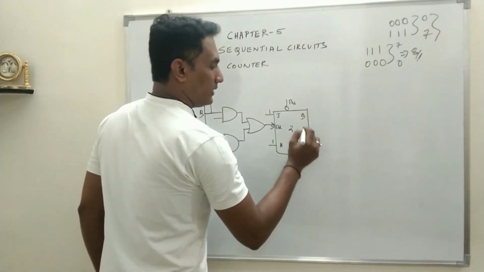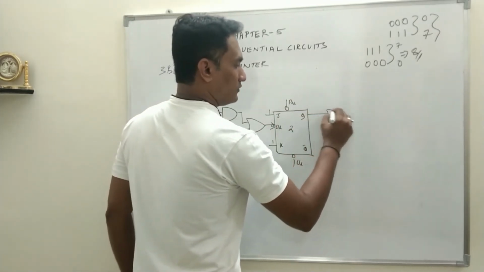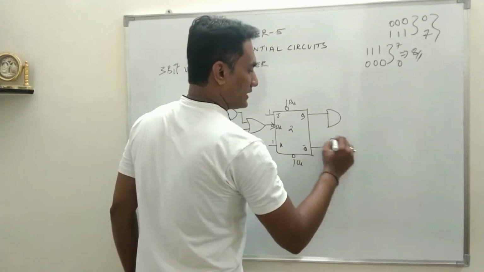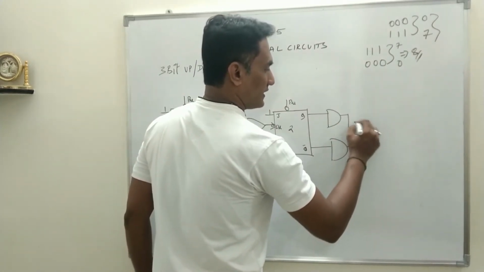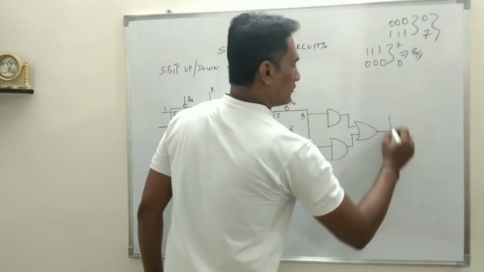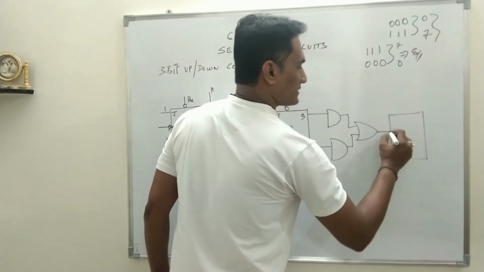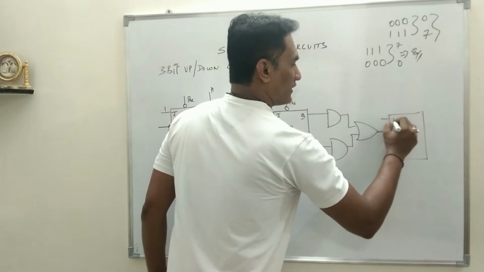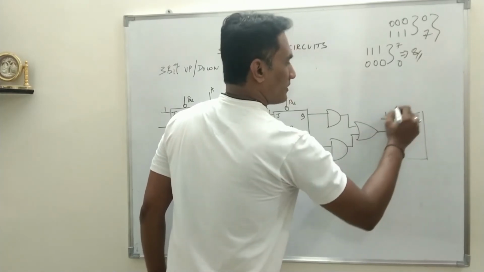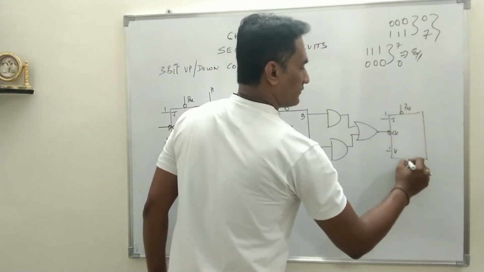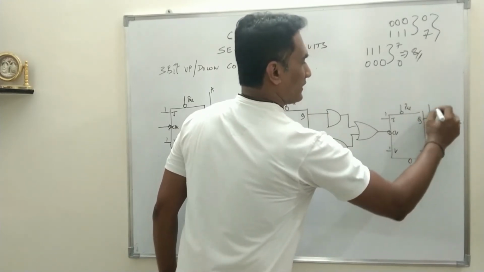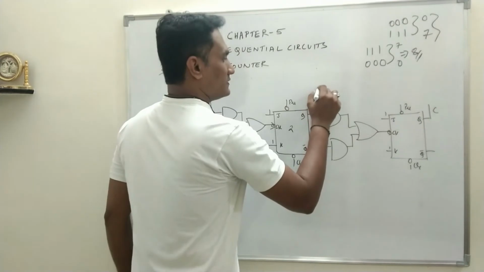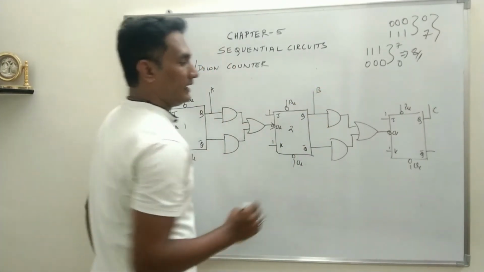Again the outputs Q and Q bar will be connected to AND gates. The output of these AND gates is connected to an OR gate. The output of the OR gate acts as clock input for the third flip-flop, which has preset and clear terminals, Q and Q bar. This is C, this is B, and of course this will be A.